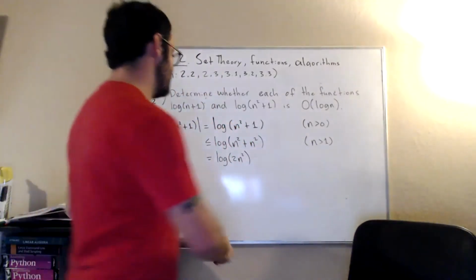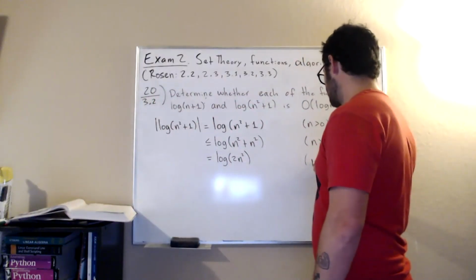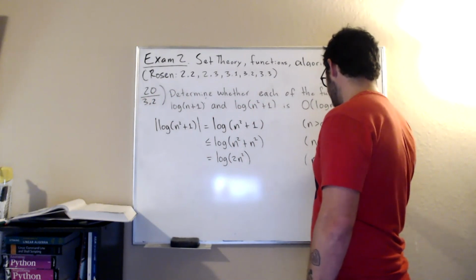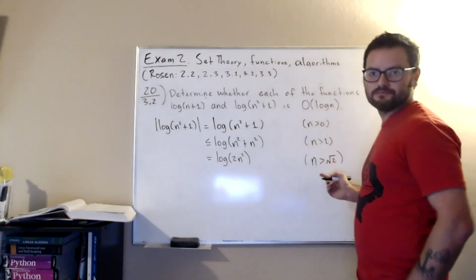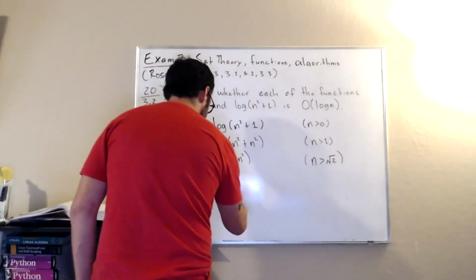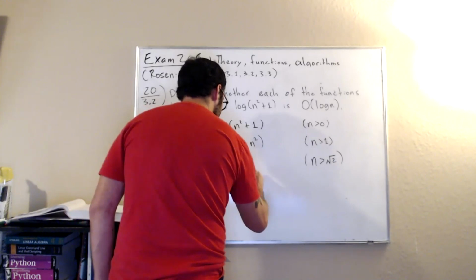But then when n is greater than root 2, then n squared is greater than 2. So this would be less than or equal to log of n squared times n squared.